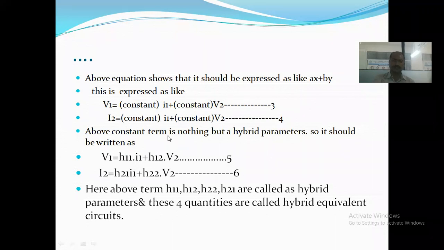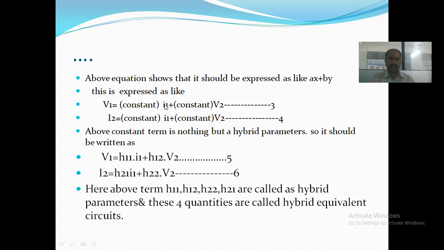Now see the constant terms above. For that purpose we have used the H term. Why do we use the H term? We know that H is a hybrid parameter. Hybrid parameters have different terms, either input or output, so we use them as 11, 12, 21 or 22.